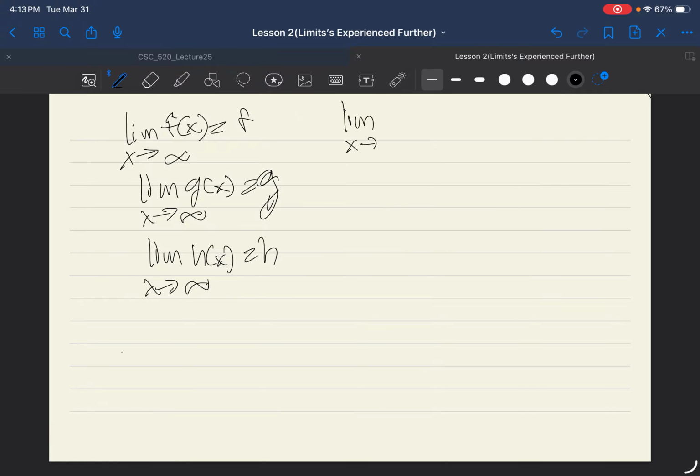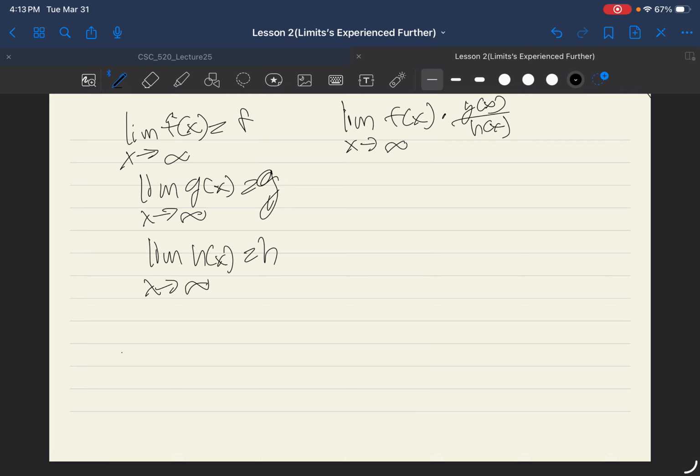So the limit as x approaches infinity of f of x times g of x over h of x. If you feel like you know the answer, pause and write your answer in the comments.